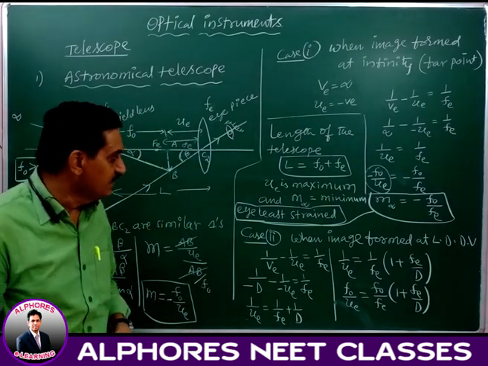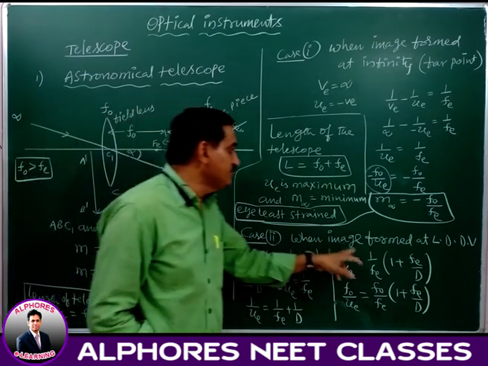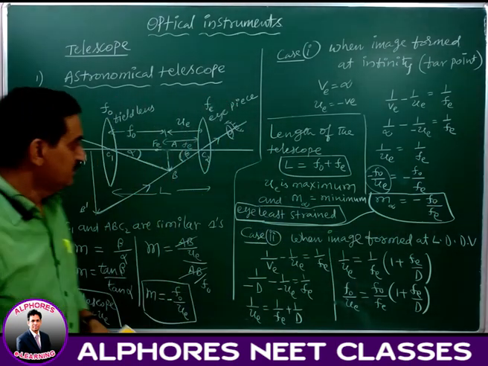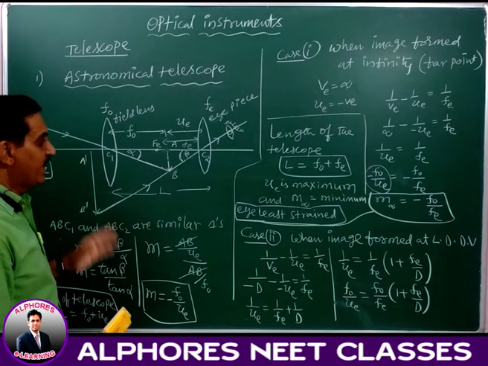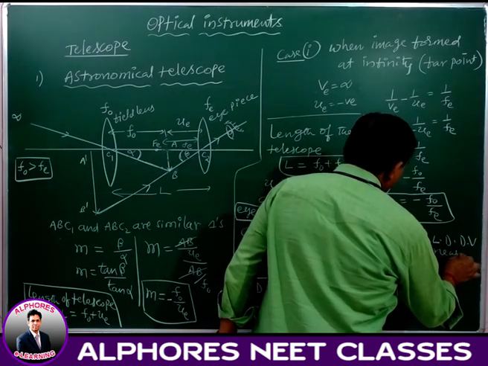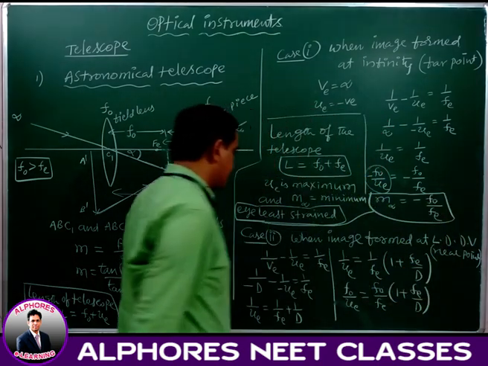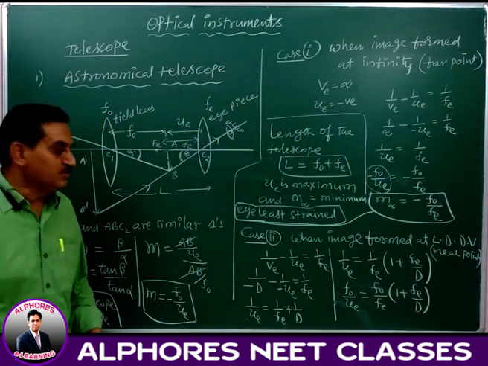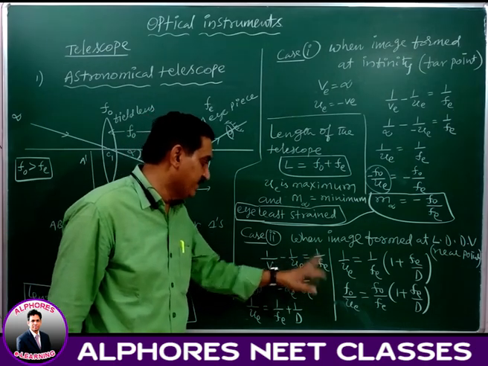And let us go for case 2. In case 2, the image is formed at LDDV, least distance of distinct vision, also known as near point adjustment. Now in this case, using the lens formula 1 by V minus 1 by U is equal to 1 by FE.